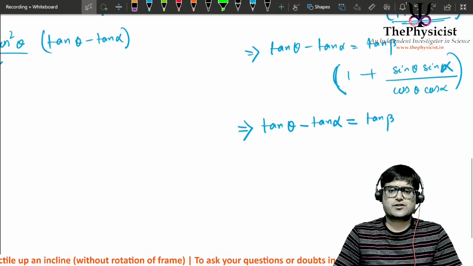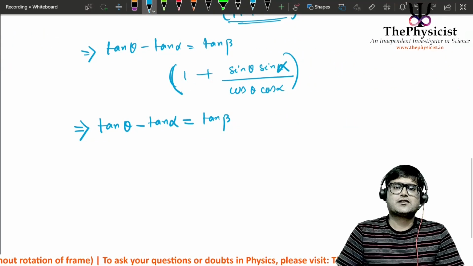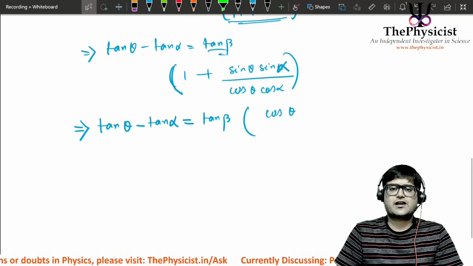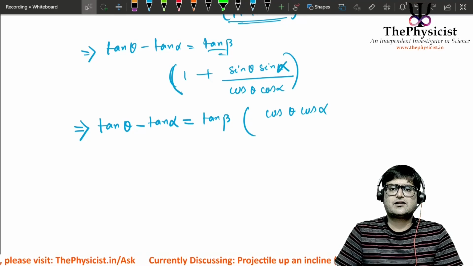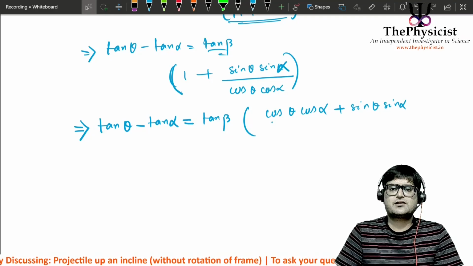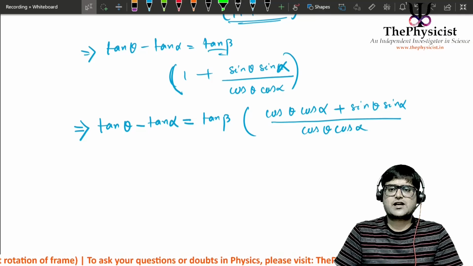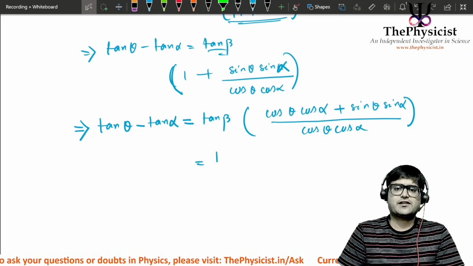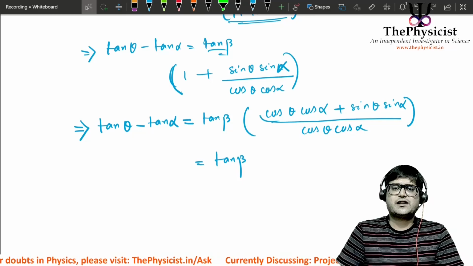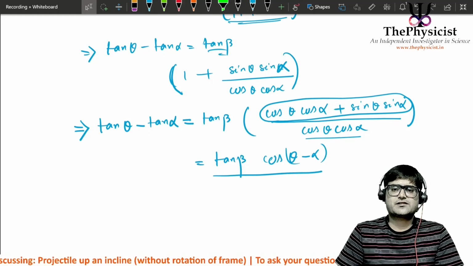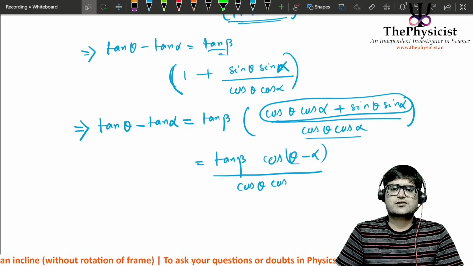Let me go to the left and write it in one single line. So this is tan beta into this thing, which will be simply cos theta cos alpha plus sin theta sin alpha, entirely divided by cos theta cos alpha. This expression looks like cos of theta minus alpha, entirely divided by cos theta cos alpha.